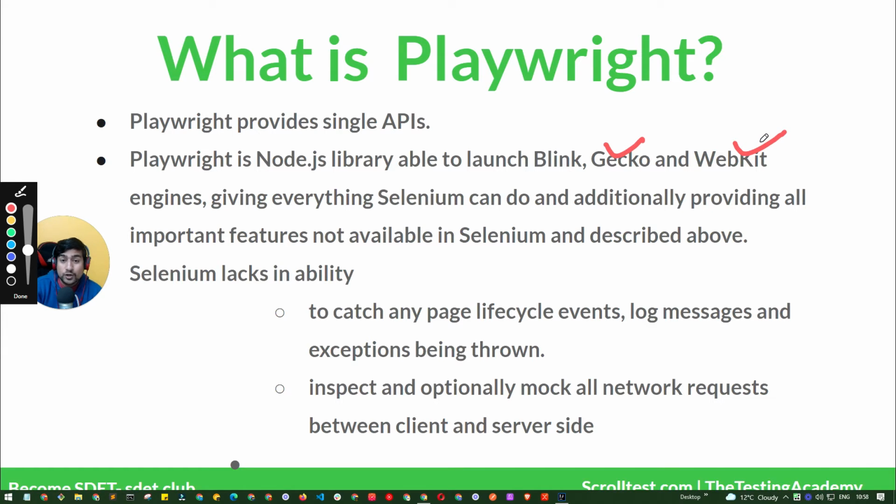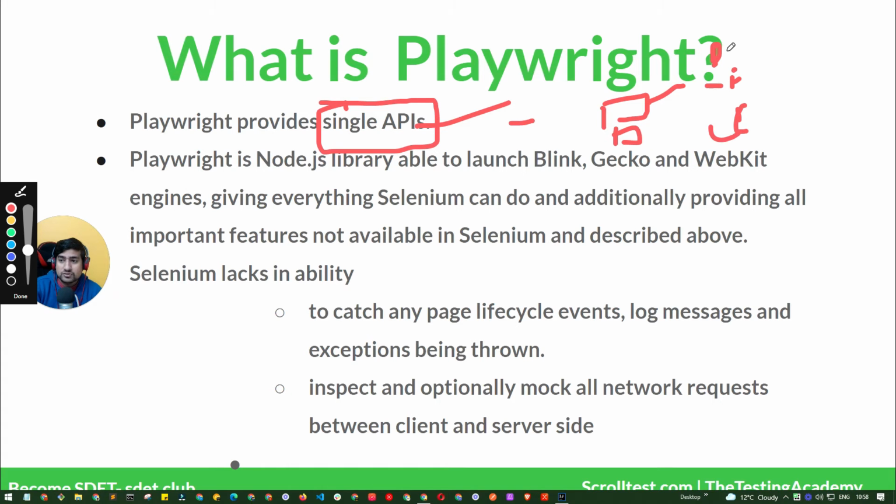So now it becomes a cross-browser tool. And the interesting point is the single API. What does single API mean? Whatever code you write is applicable for Chrome, Firefox, and Safari. They have very similar code. That's why it's a single API here.